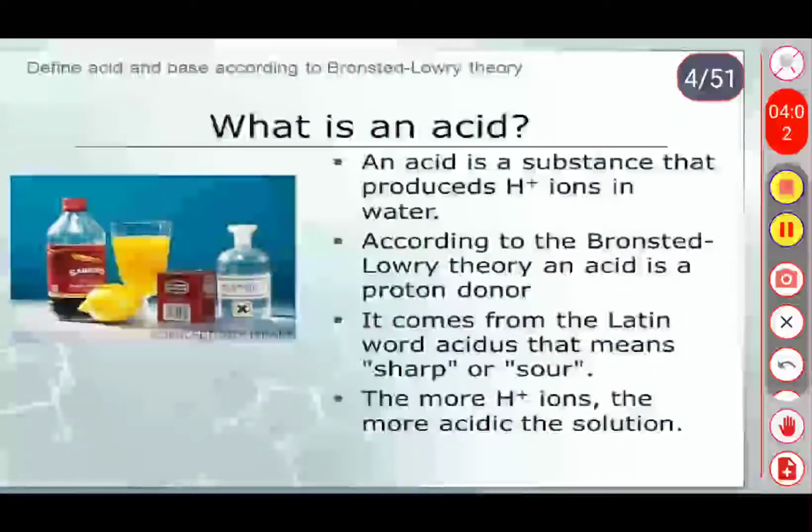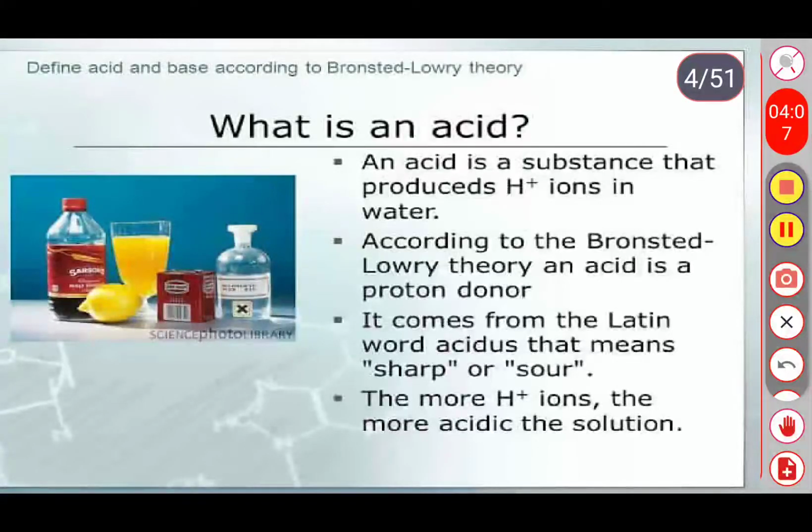These are some examples of acids. Let's see the definition of acid. So how can you define an acid? In simple terms, when an acidic substance is dissolved in water, if it releases H plus ions, that type of substance is considered an acid.